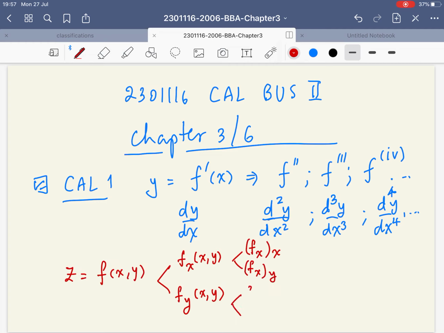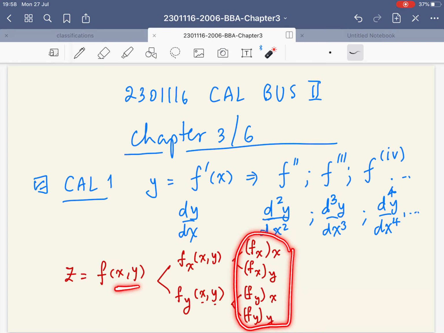This one as well, being a function of x and y, you can find a further derivative with respect to x or a further derivative with respect to y. So it means that for the second partial derivatives of a function of two variables, you can have up to 4 of them.